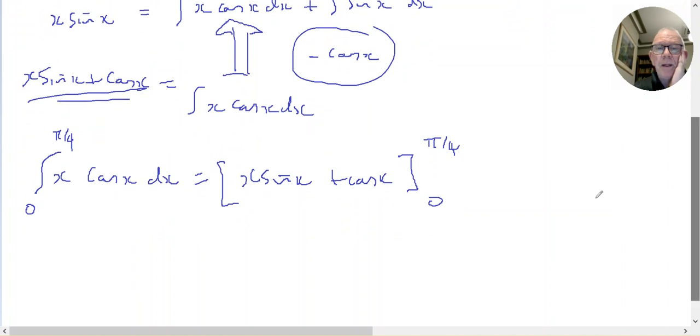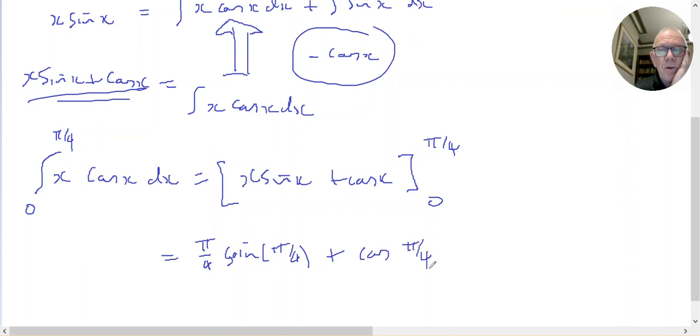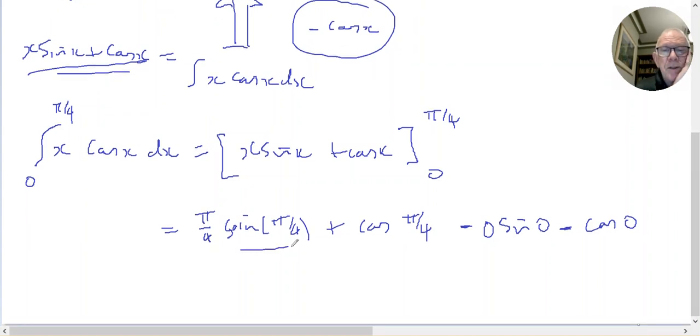And to evaluate the definite integral, you put in the upper terminal first, so pi on 4 times the sine of pi on 4 plus the cos of pi on 4, and then I put in the bottom one, 0 times the sine of 0, and I subtract them, the cos of 0. Okay, the sine of pi on 4 is root 2 on 2.